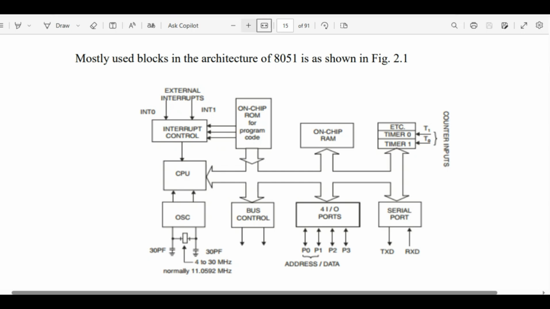The robot king, the CPU, uses the library, the ROM, the notebook, the RAM, and the clocks, the timers, to do all sorts of amazing things. The guards, the interrupt control, make sure nothing important is missed. And through the windows and the mailbox, the I/O ports and the serial port, our robot castle can interact with the big world outside.